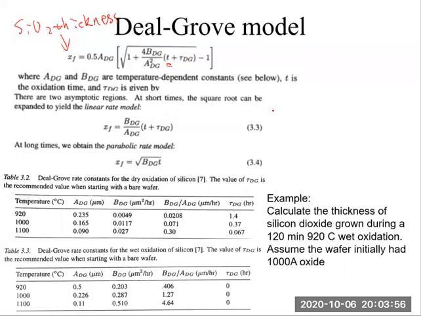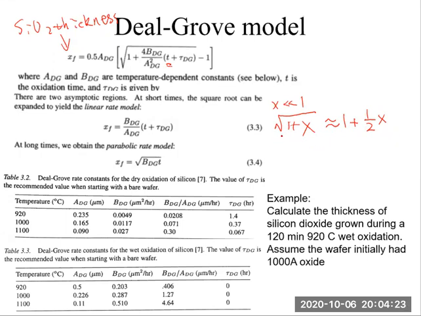Namely, when X is much smaller than 1, the square root of 1 plus X is approximately equal to 1 plus one half X. This is a kind of Taylor expansion.